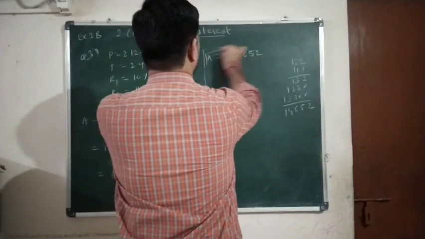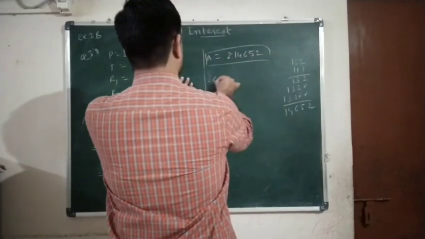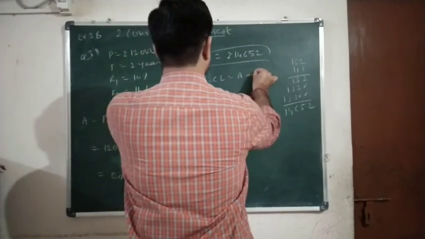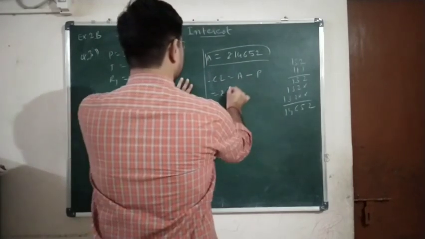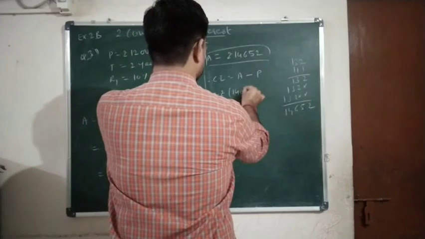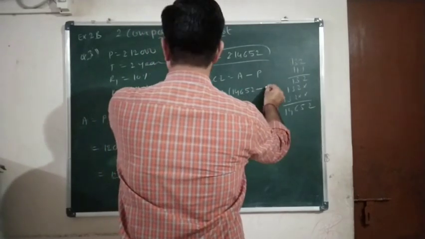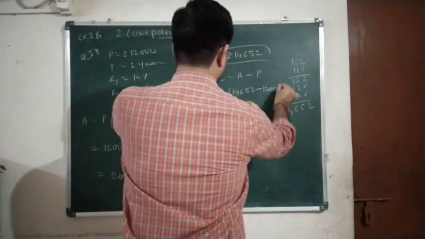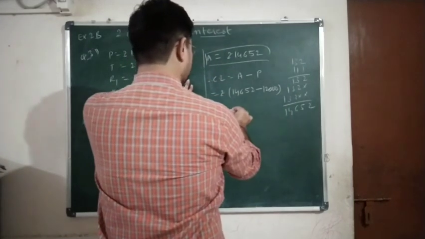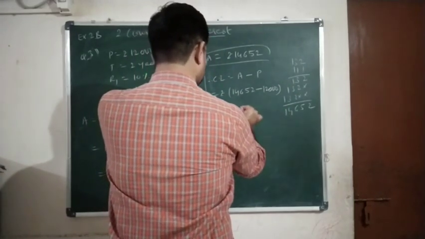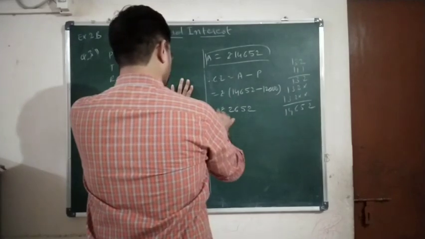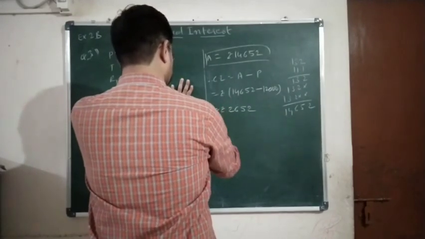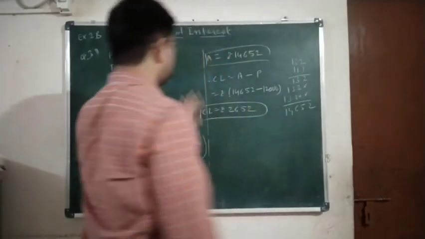14,652 is the amount, and therefore CI is equal to A minus P, which is equal to 14,652 minus 12,000, which is rupees 2,652. This is the compound interest. Clear?